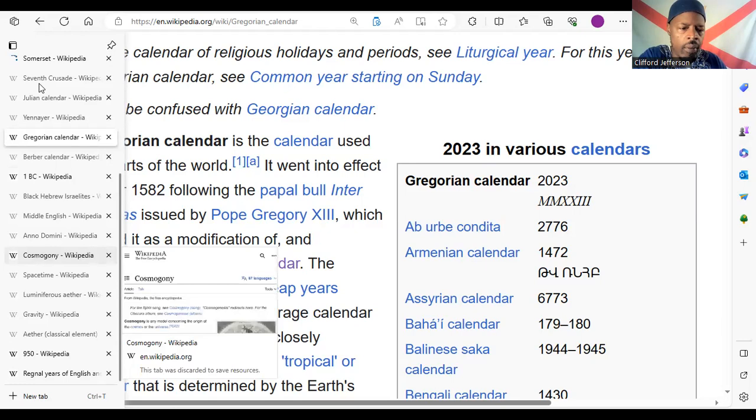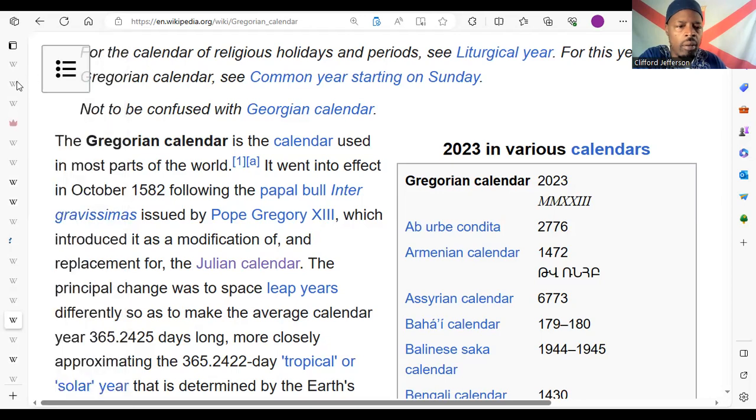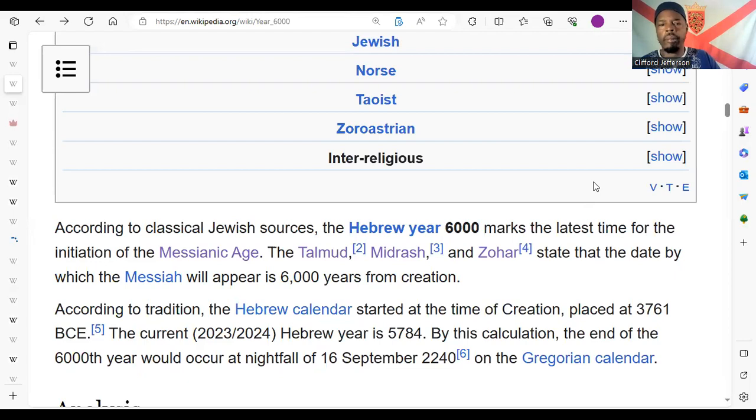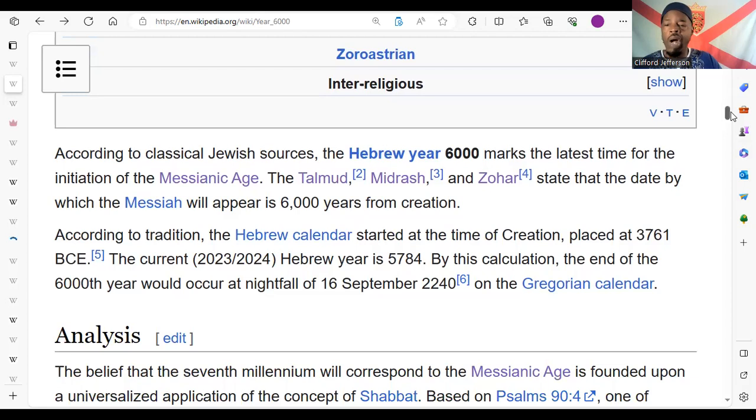Okay, so back to the 6,000 years. Based off the 6,000 years, you have no excuses, in regards to what the Talmud or the Midrash says about your intent here on this plane, the prerequisite for when the Messiah returns, which is the year 2023, because we know the year 2023 is the year 5784 in the Gregorian year, which in the Berber year is 2973, which we're in today.